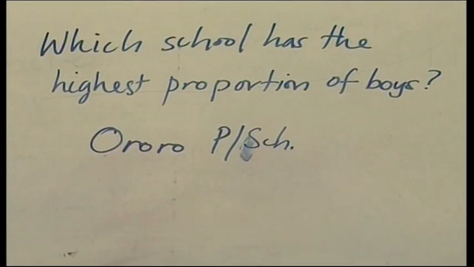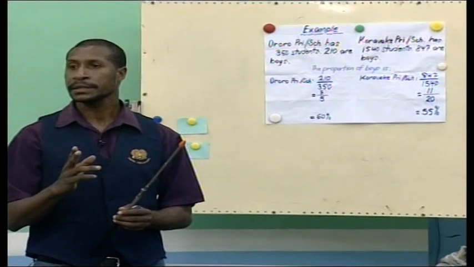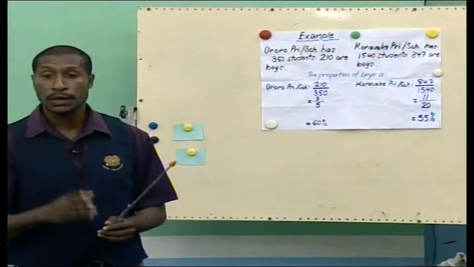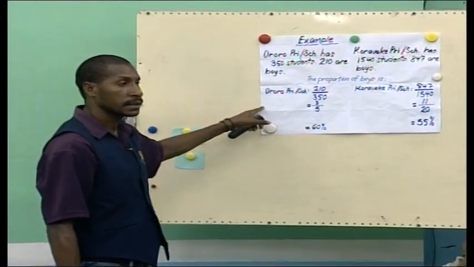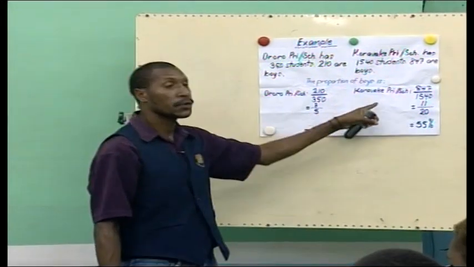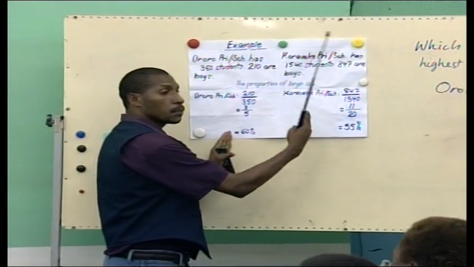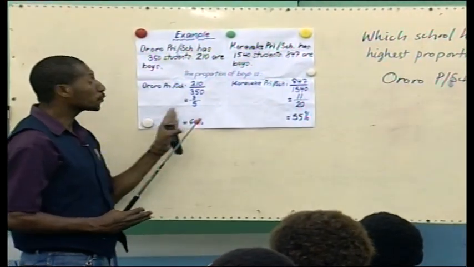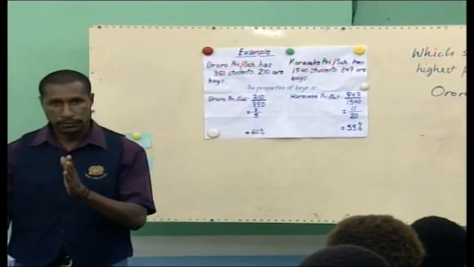Receiving students, what we have just done is we have compared proportion, fraction and percentage. We have used percentage to find the proportion of the number of boys in Aurora Primary School and Korawake Primary School. We are trying to find out which school has the most boys from these two schools, and that is comparing amounts.